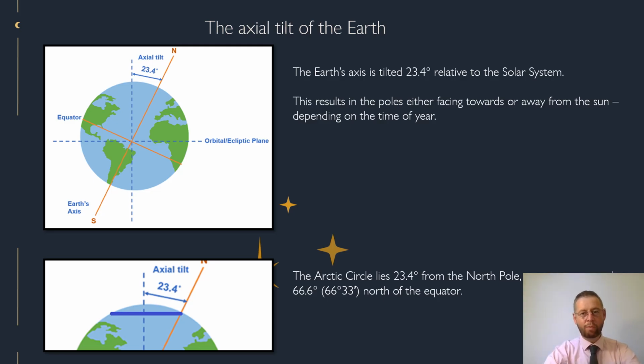And we'll look a little bit more at why it's at an angle a little bit later. But being at an angle means that sometimes the North Pole is pointing towards the sun a little bit more than it normally would, and sometimes it's pointing away from the sun, like the South Pole is in this top diagram. It means that everything within 23.4 degrees experiences some pretty incredible astronomical phenomena.